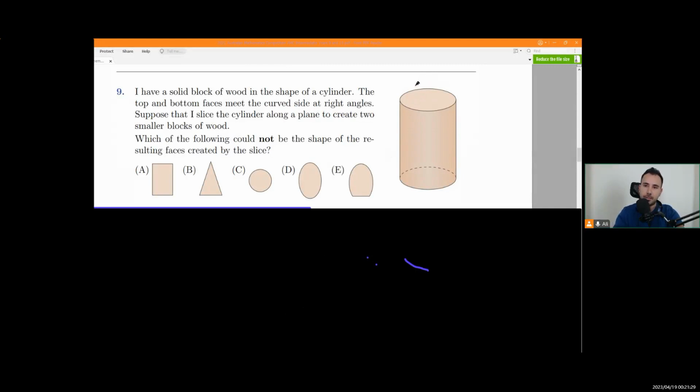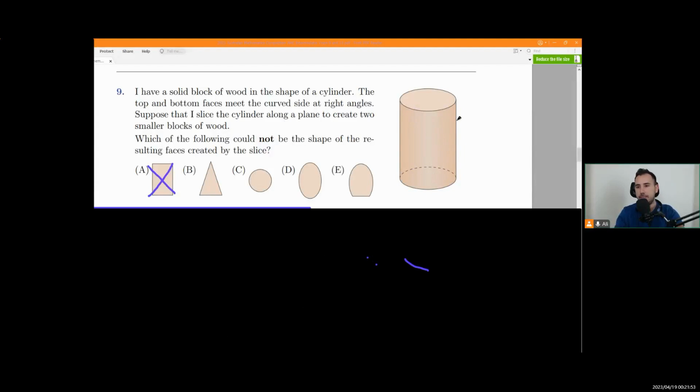So if we cut the plane, we cut it like this. So what shape do we create? Obviously, this would be a rectangle. So this one is out. Remember, which shape could not be made? That was the easiest one.